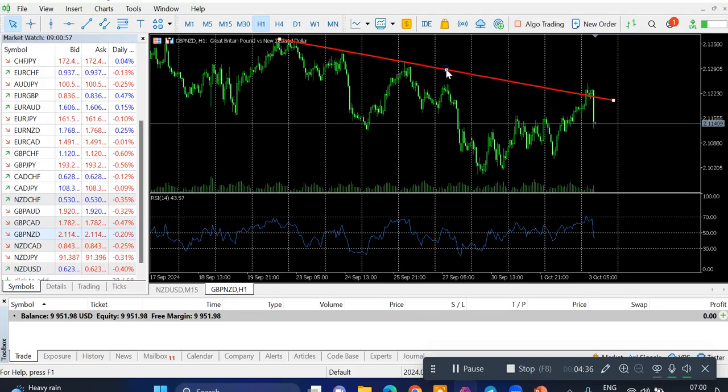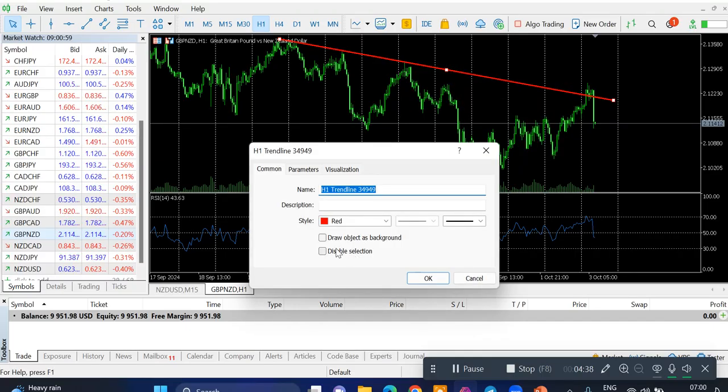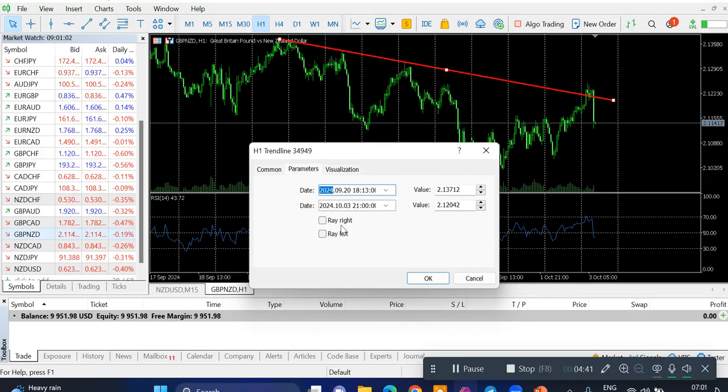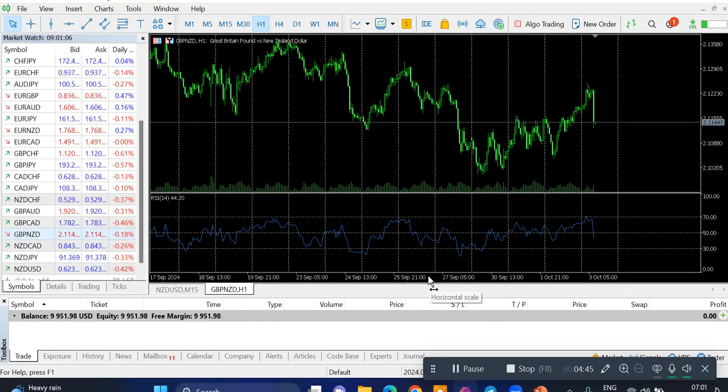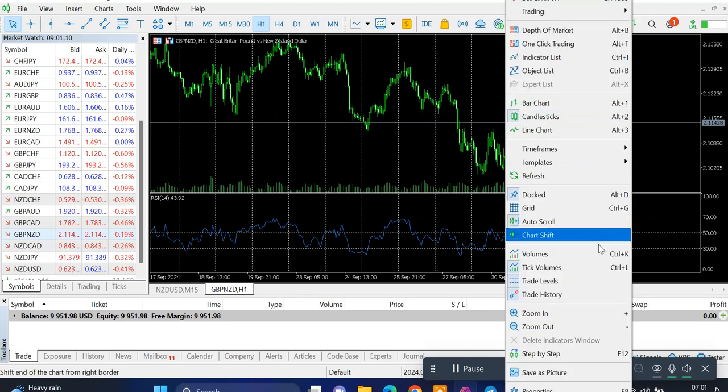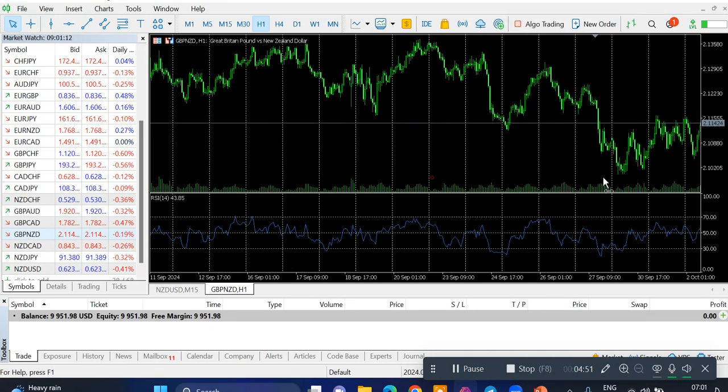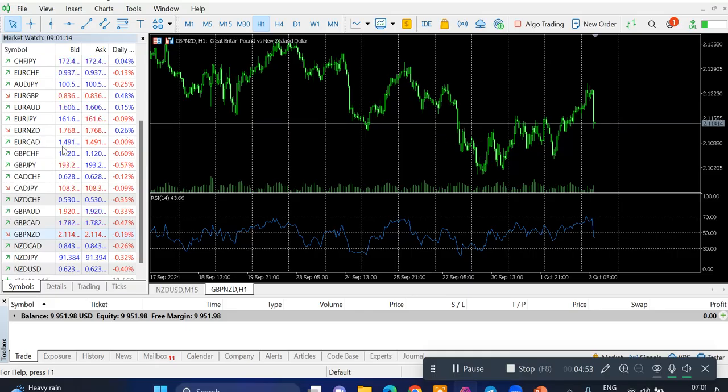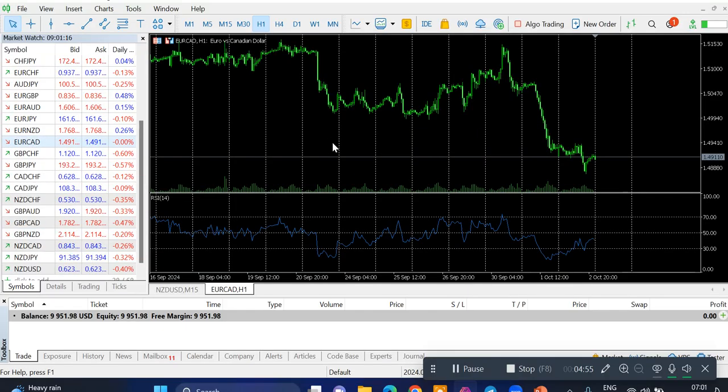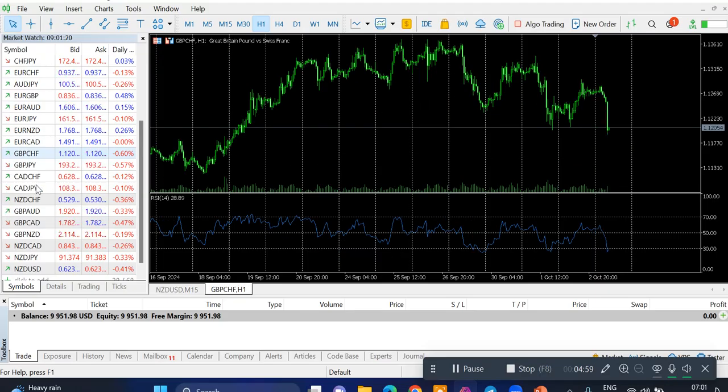Let me change the properties of this trend line to include the rays. Okay. So when you draw a trend line, it takes from one point and extends, and it is a form of support and resistance within a trend.